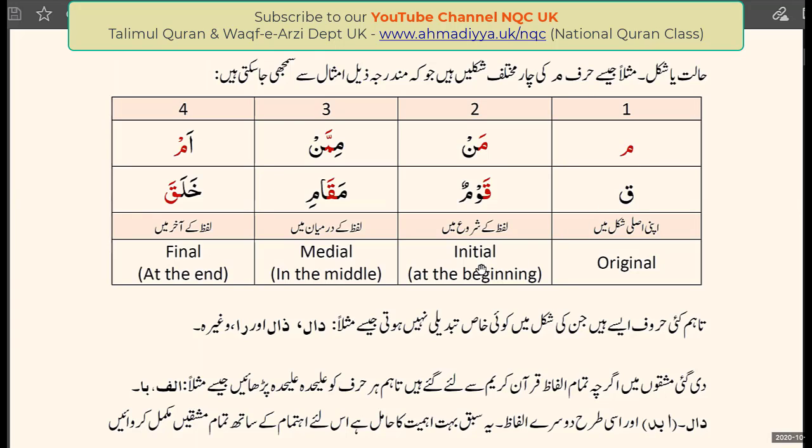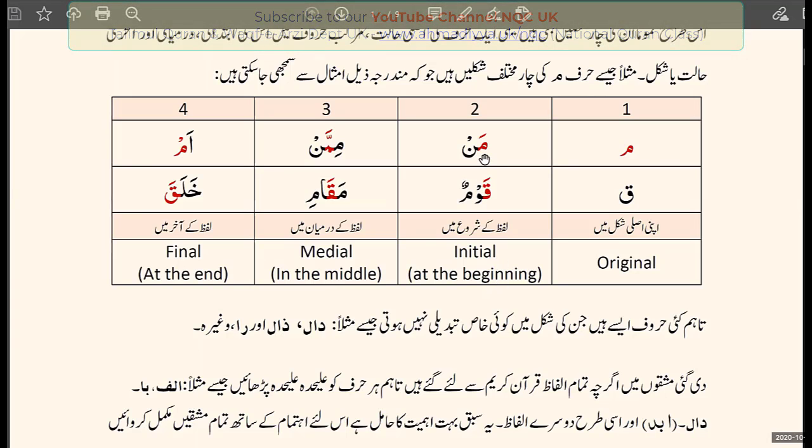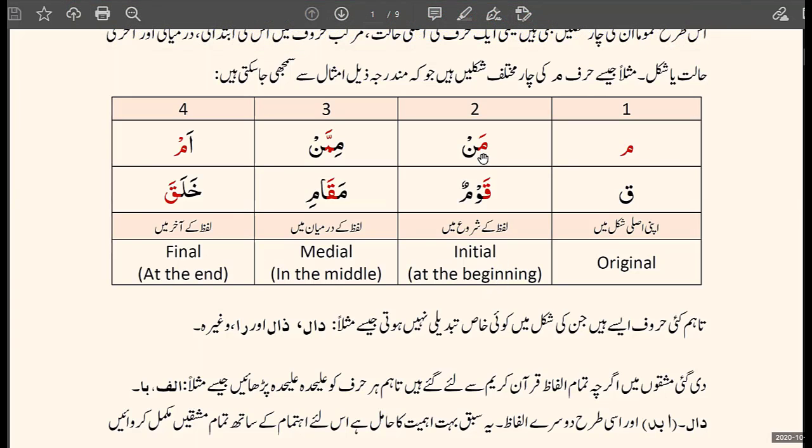But at the beginning, it is meme, and you see a little change in form and shape. Instead of drooping, it is joining with the next letter. And similarly, qaf has lost the last part of that circle, and it is joined with the next letter.